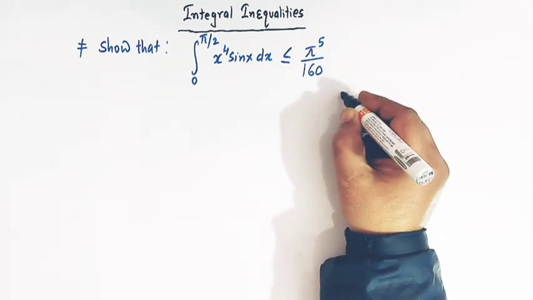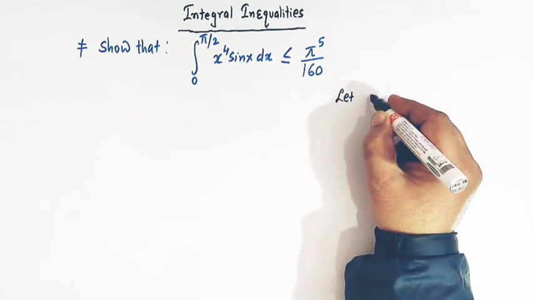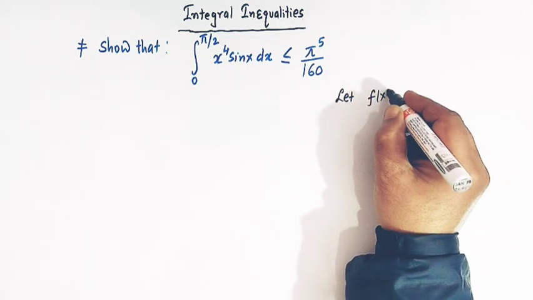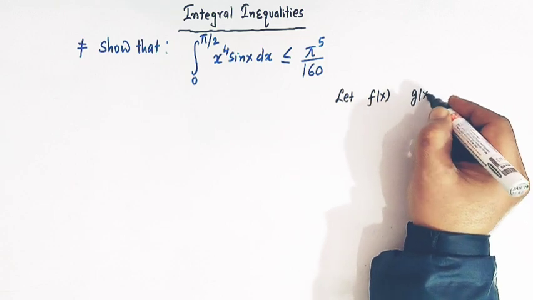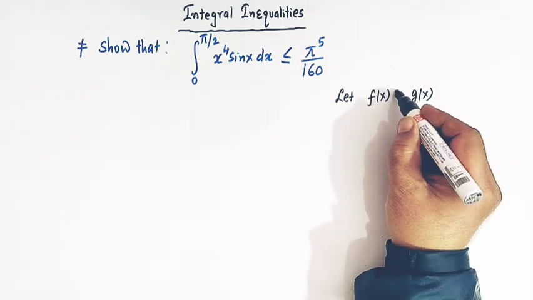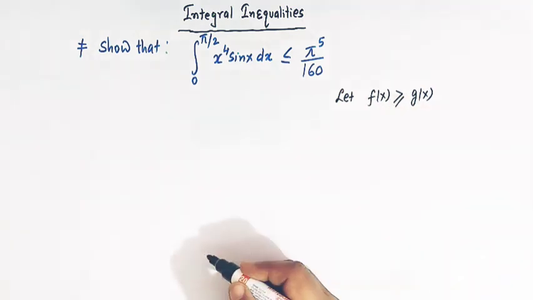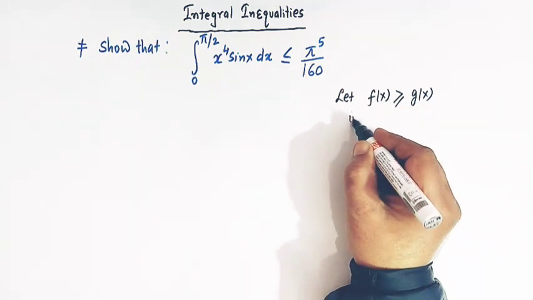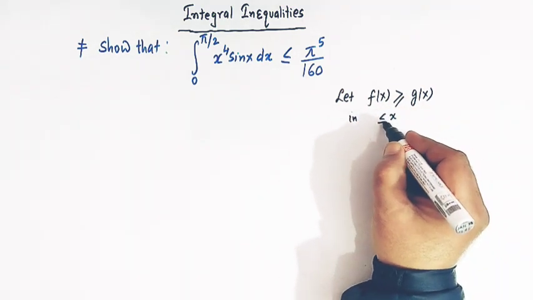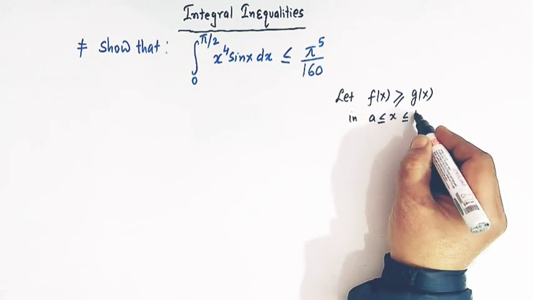Suppose we have two functions, say f of x and g of x, and f of x is greater than or equal to g of x in the interval from a to b.